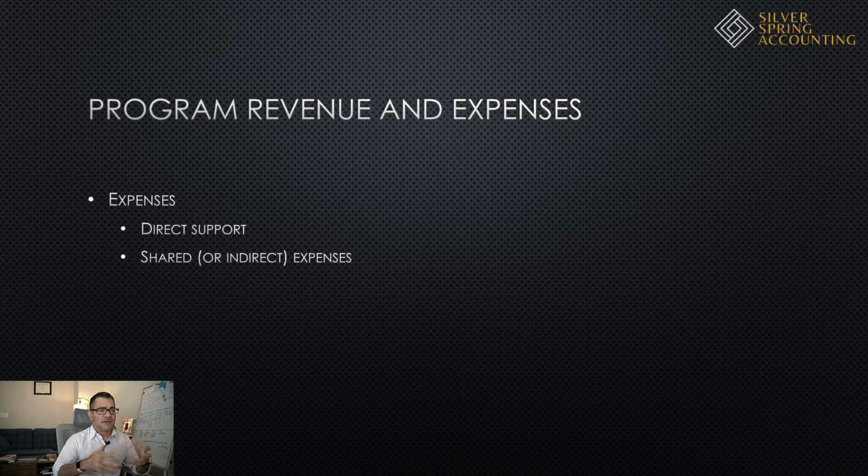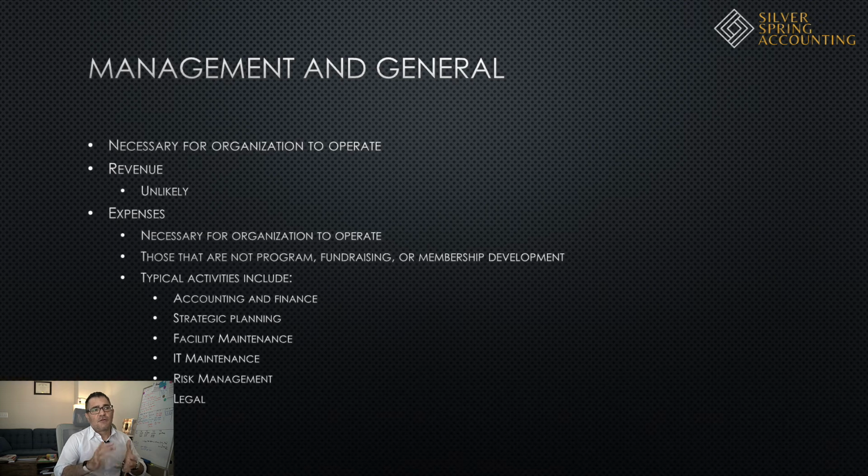And these will benefit program, membership development, contributions, fundraising, all of these areas. So oftentimes people use time, headcount, something like that to do the allocation, but we can talk about that in another video.